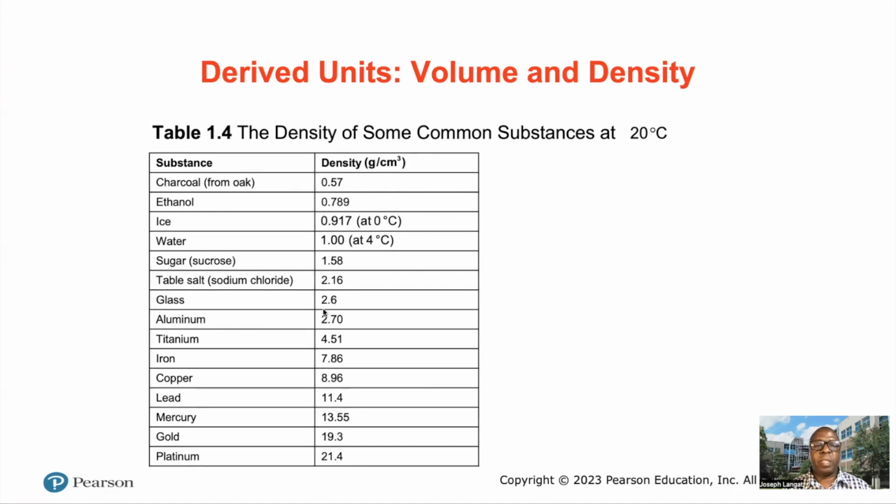If I look here, this is the density of glass, this is the density of H2O. So if I have a known liquid and I determine its density at around 4 degrees Celsius and it turns out to be 1.003 significant figures, I know that is H2O.